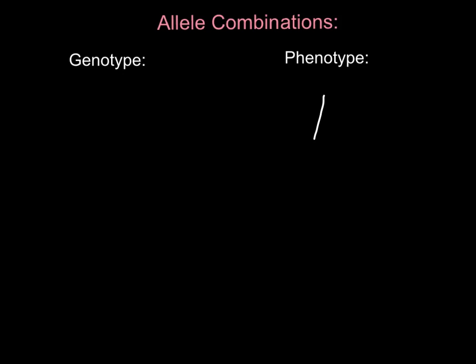So for phenotype A, there is either big I to the A, big I to the A, or big I to the A with a little i, because remember what we said before, even though big I to the A is codominant with big I to the B, it is still dominant over the little i.